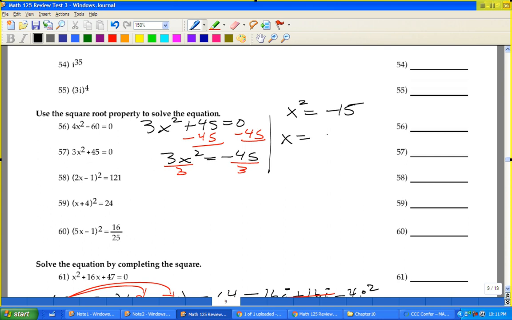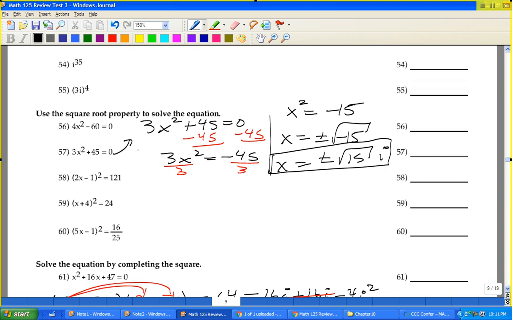So x is equal to plus or minus the square root of negative 15, which we write as radical 15i. So that's problem 57.